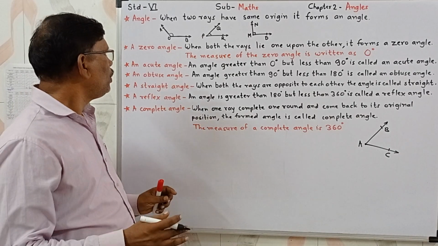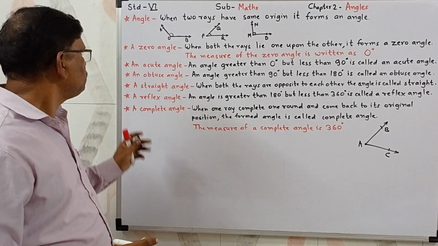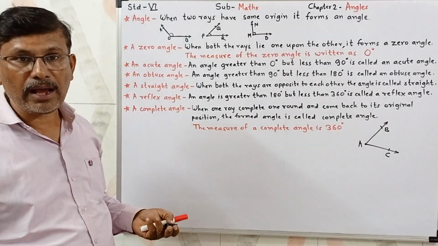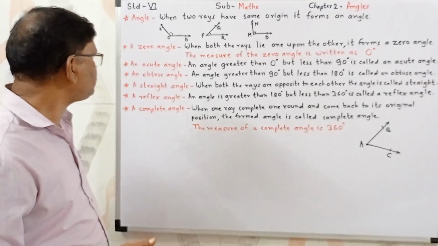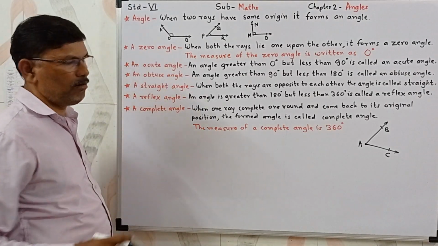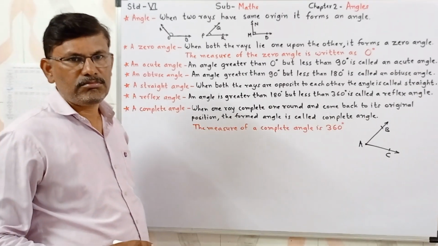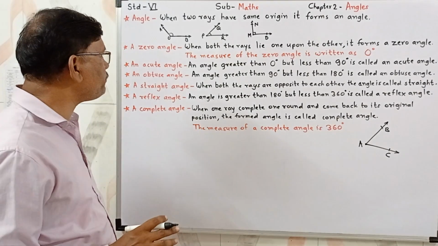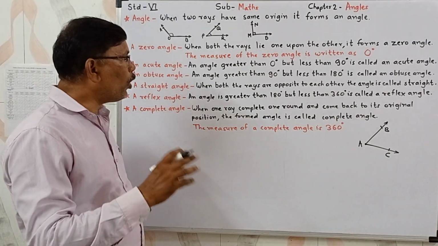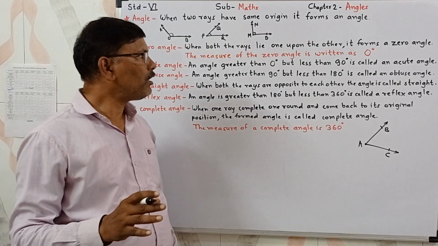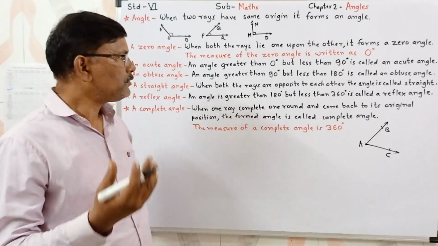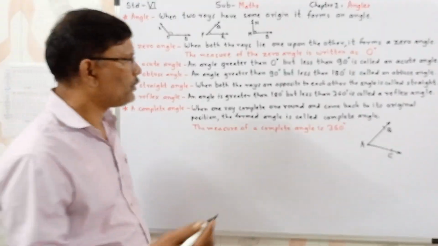Now we learn different types of angles. The first angle is a zero angle. Zero angle means when both the rays lie one upon the other. Listen here.